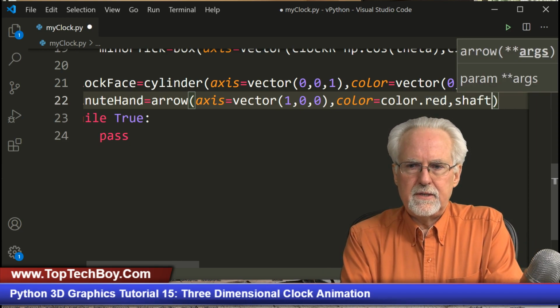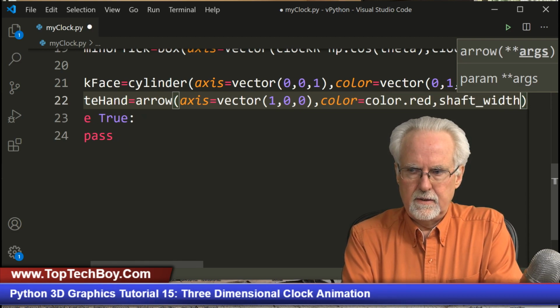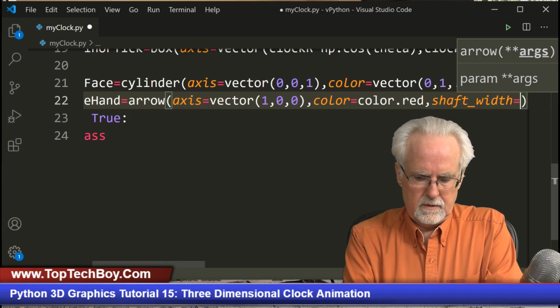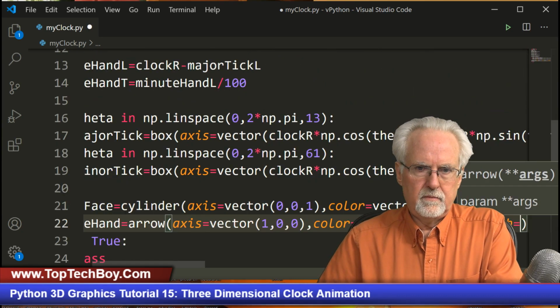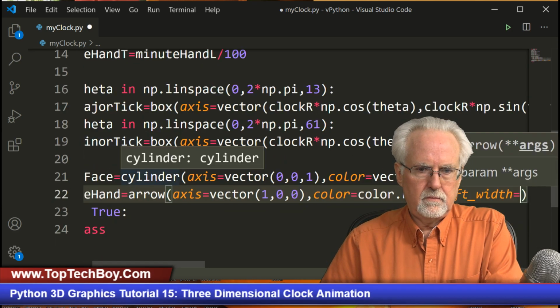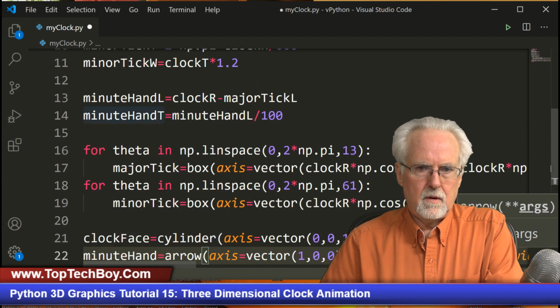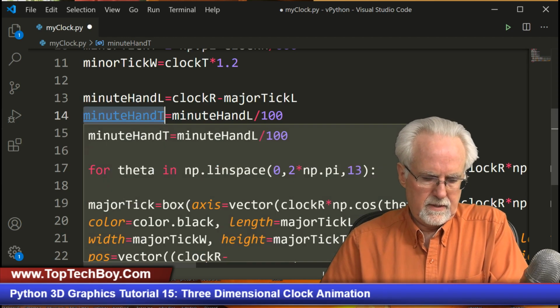So we want the shaft, is it like that? Shaft width equal minute hand thickness, like that.